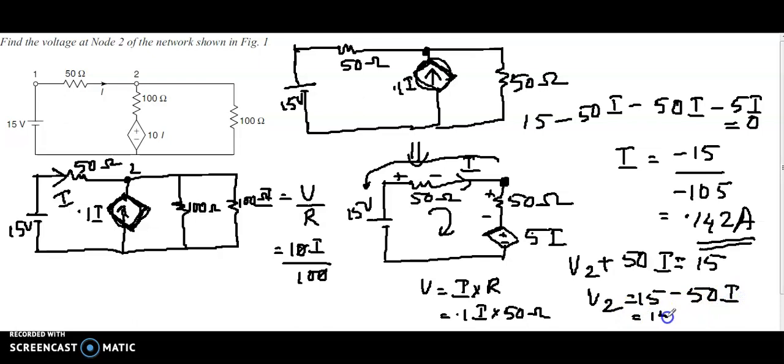This is equal to 15 minus 50 into 0.142, which is equal to 7.9. Sorry, not ampere, it's volt. 7.9 volt. This is the voltage at node 2.